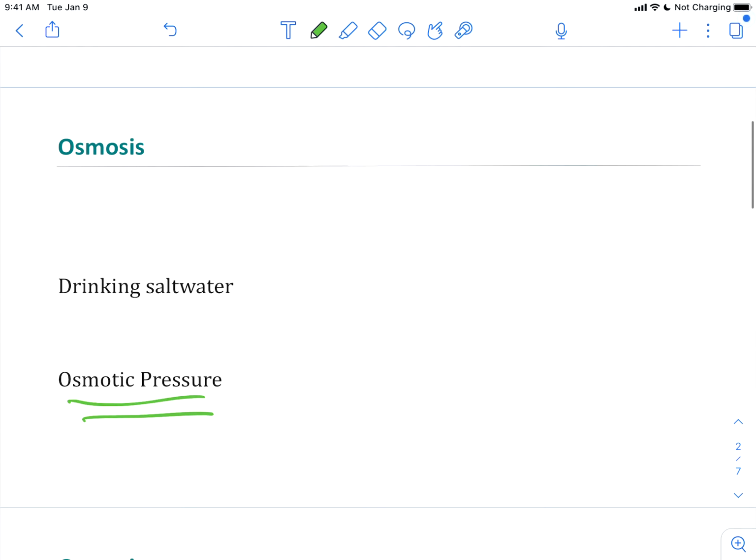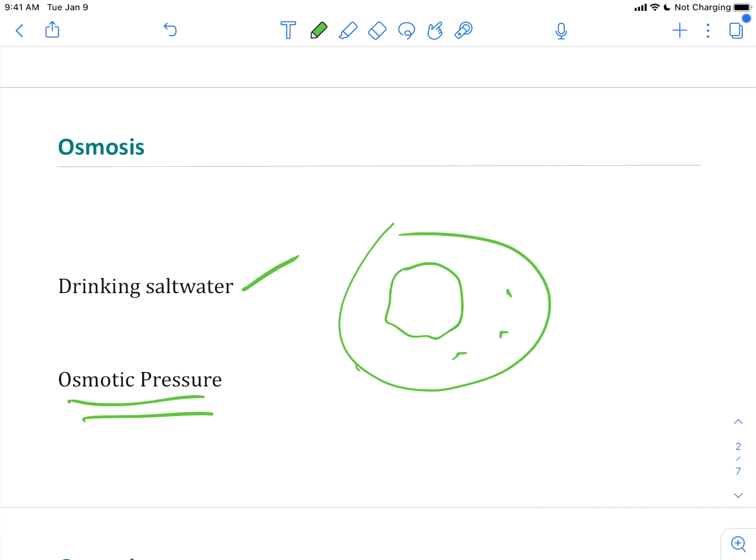So this also explains why you can't drink salt water. If you're stranded at sea, you die of dehydration. If this is your red blood cells and you drink a bunch of salt water, the salt concentration outside the cells is going to be greater than inside, so all the water from inside the cell moves outward due to osmosis.